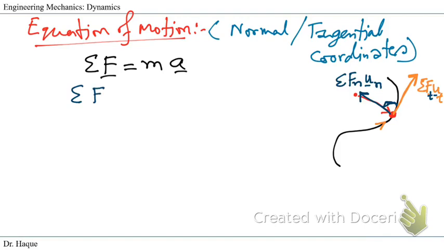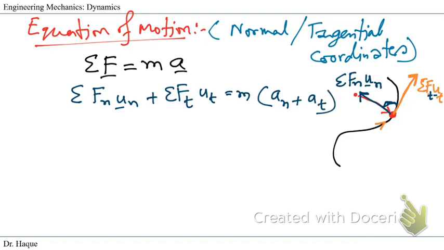It's the same way as for rectangular coordinates where we had x, y, and z. We will have a normal component with unit vector normal, plus a tangential component with unit vector tangent, and mass, and for the acceleration we will have acceleration normal and acceleration tangent parts.